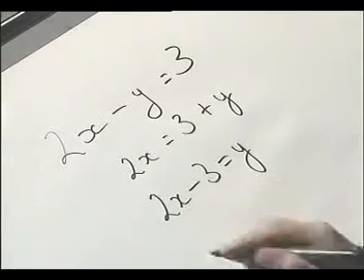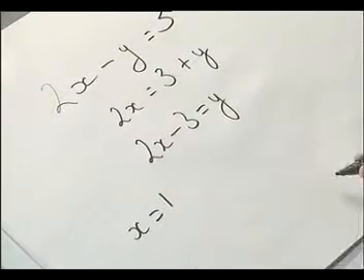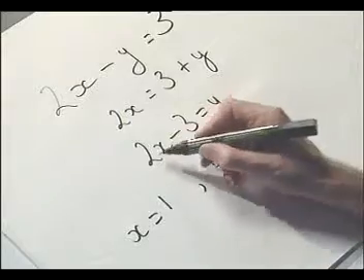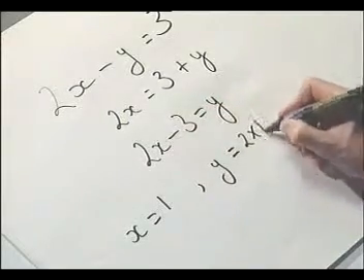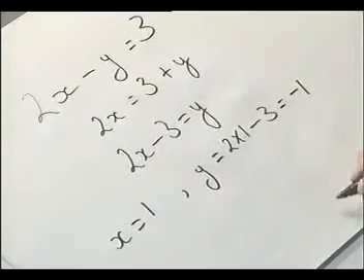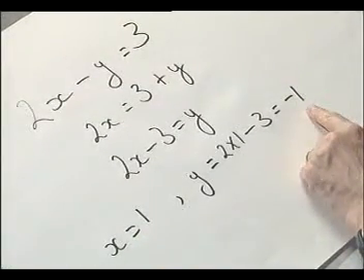If I take any value of x, let's say I take x equals 1, then y will be equal to 2 times 1 minus 3, which gives us minus 1. So for this value of x, I get that value of y.